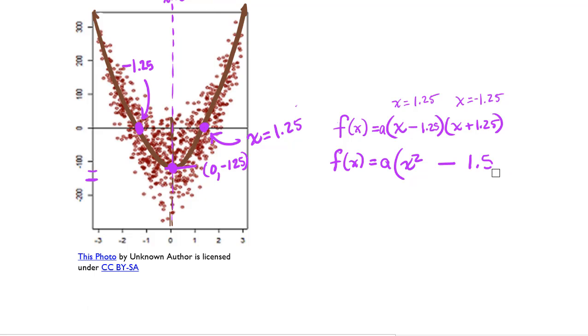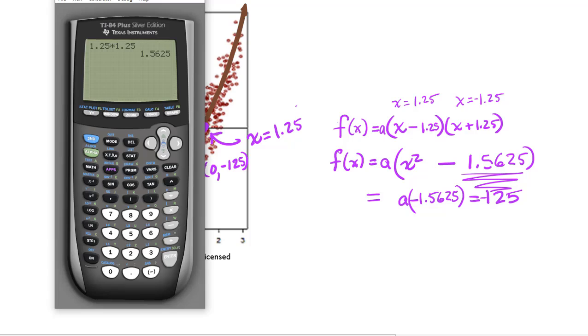All right, so this helps me because I need to figure out what value would need to be in place of this number to give me negative 125. So let's see here. a times negative 1.5625 equals negative 125.